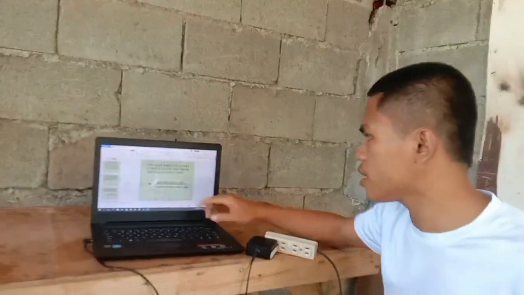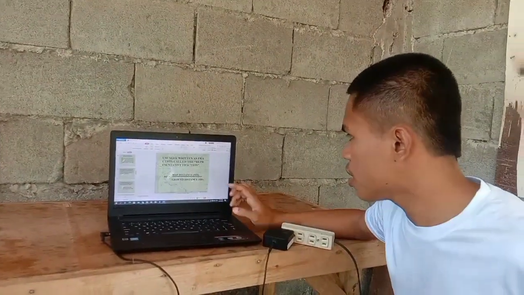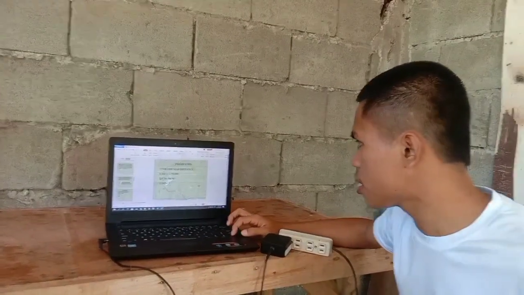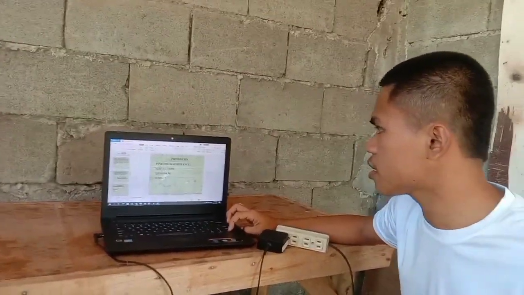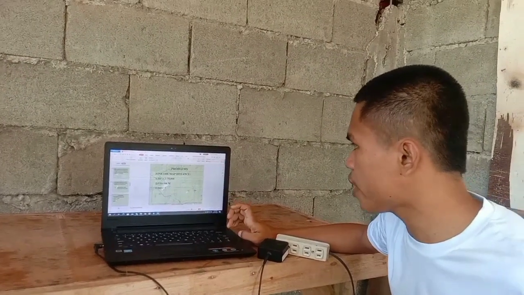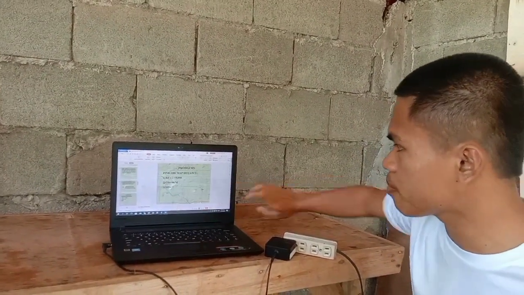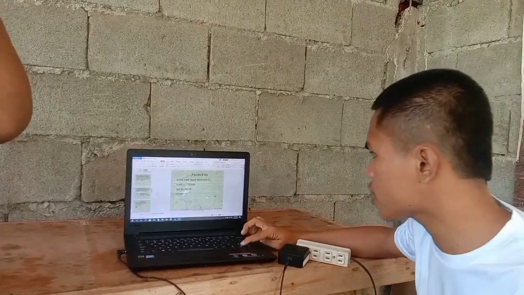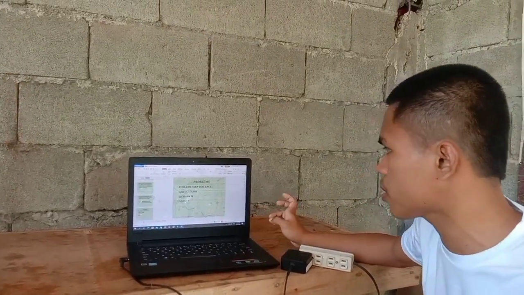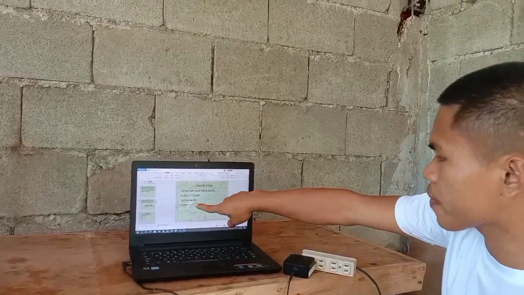Maning siyang sa map distance o ground distance. Find the map distance. The representative fraction is 1 to 1,000.